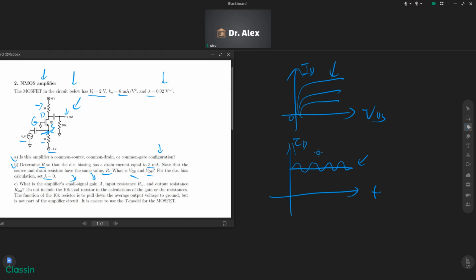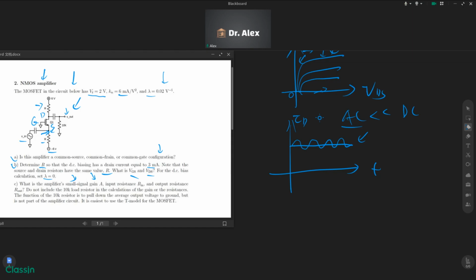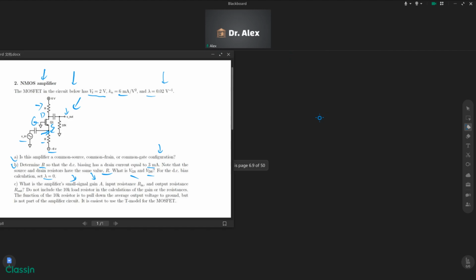Because the amplitude of the AC signal should be much less than the DC amplitude. We avoid an AC amplitude that is too large, because it would move the working region from saturation to triode or to cutoff. But that's another story. You just need to understand the basic background.